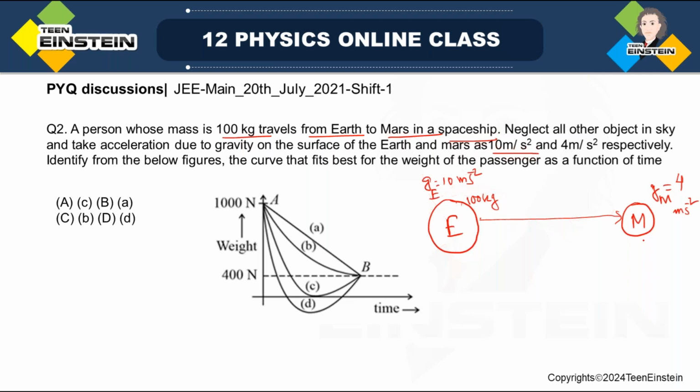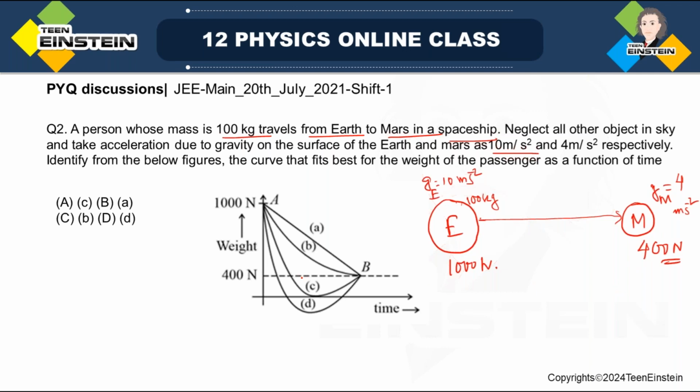When it reaches Mars, his weight will be 400 Newton, and here on the Earth's surface the weight is 1000 Newton. Identify from the below figures the curve that fits best for the weight of the passenger as a function of time, that means, as it goes towards Mars.